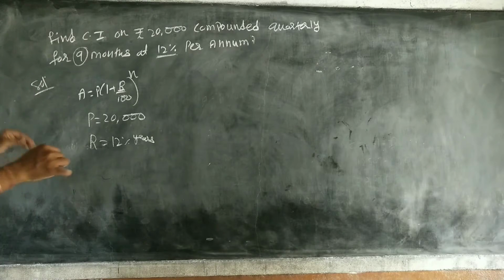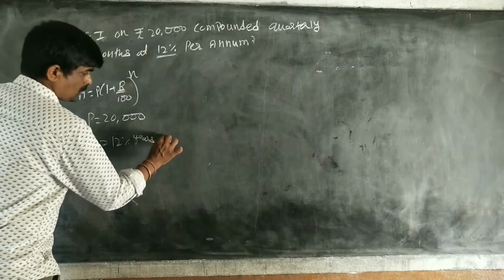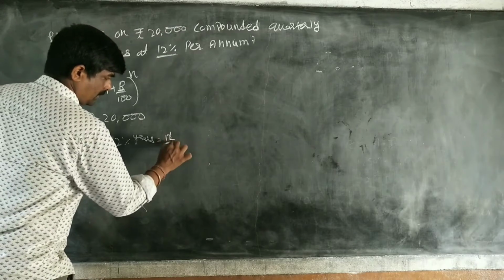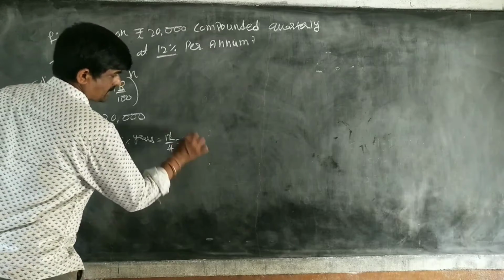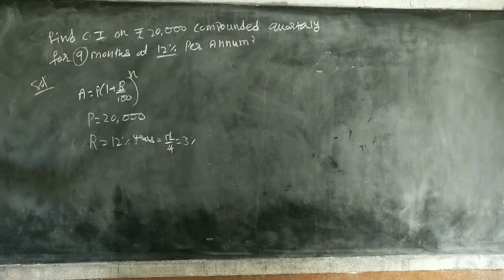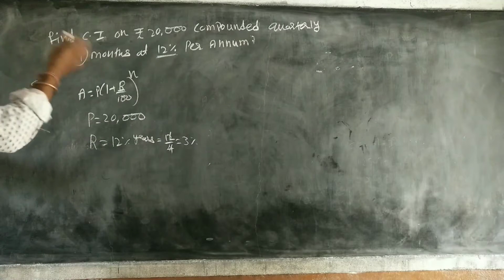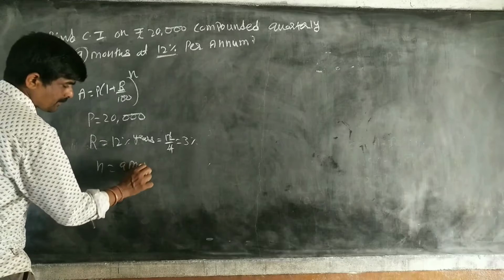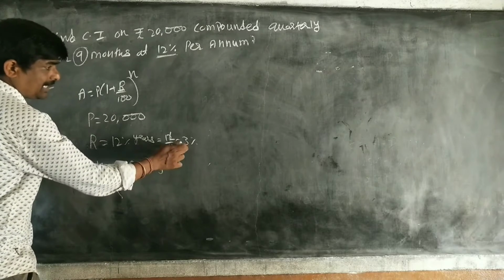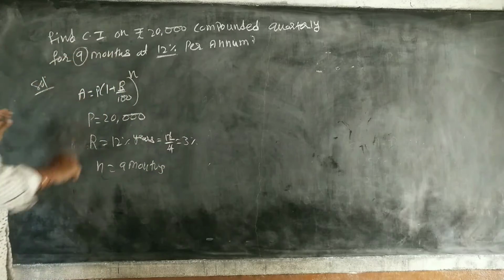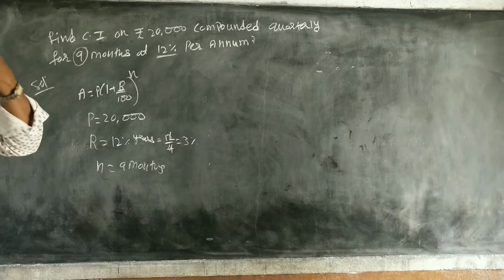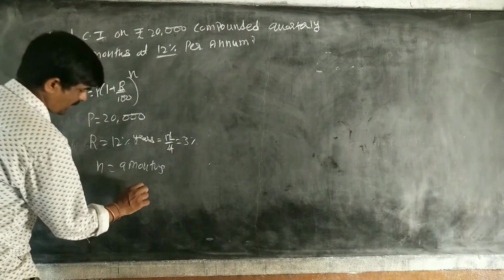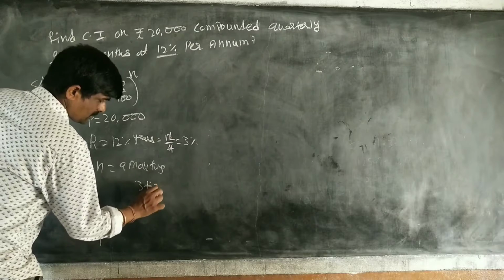Quarter means divide by 4, so 12 by 4 is equal to 3%. The rate of interest is 3%. Next n, the number of times: 9 months means 3 quarters, so total 3 times.